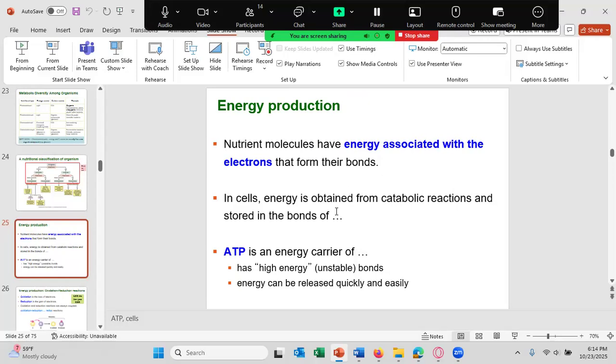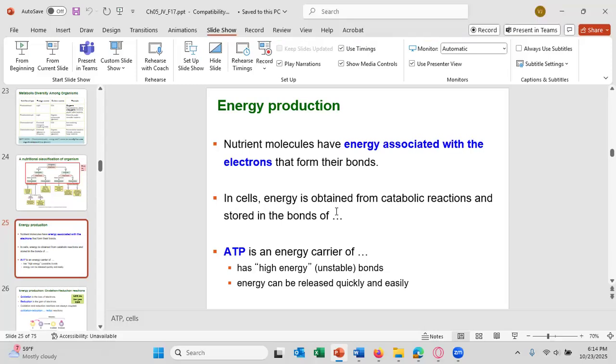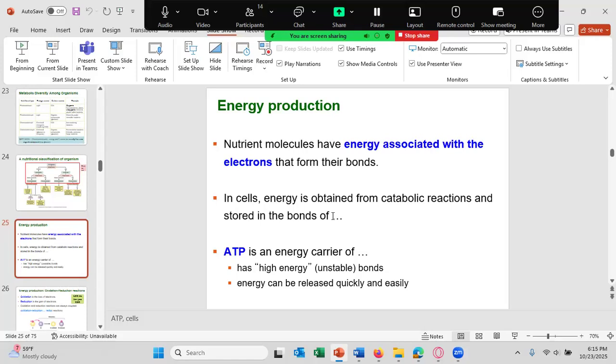In cells, energy is obtained from catabolic reactions and stored in the bonds, mainly of ATP. So whenever a cell needs energy, it tends to take that energy from ATP. It'll break down the ATP, releasing the energy, and then the cell can use some of that energy for the cell's energy needs.